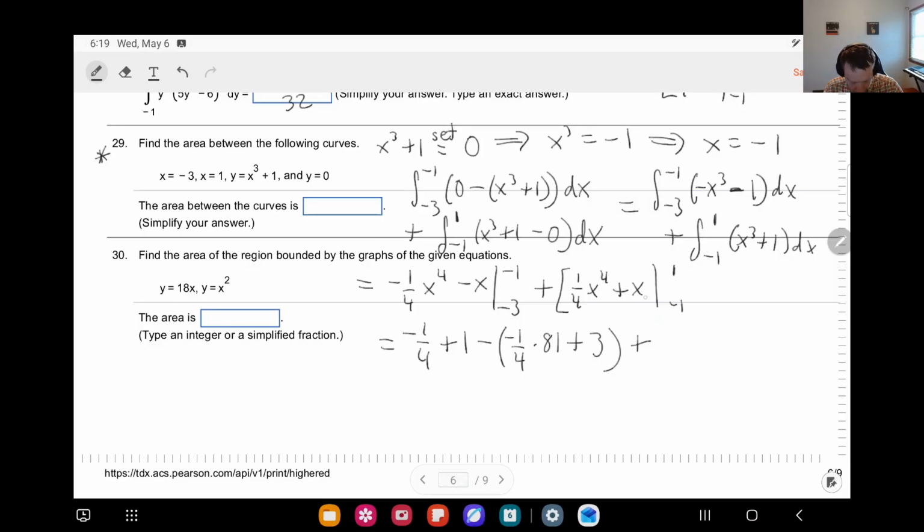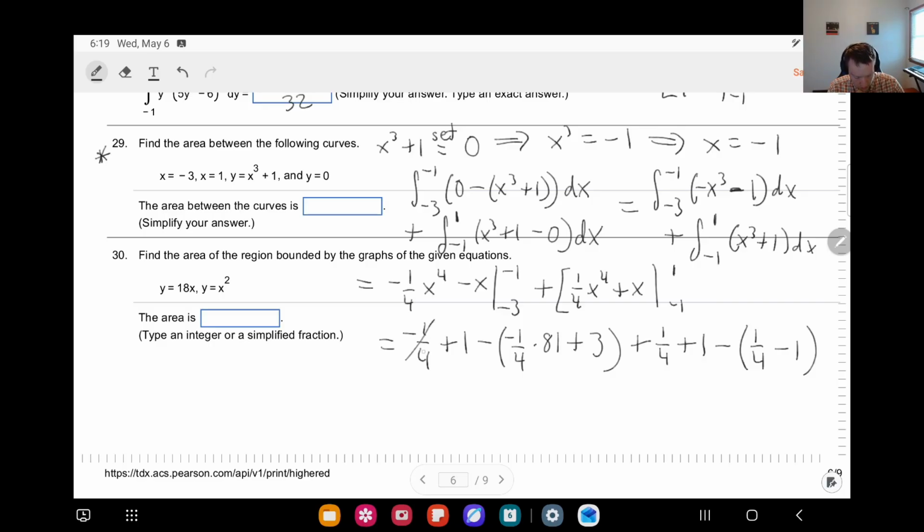Now, this one over here, I plug in 1 first. Then minus, if you plug in -1, this will still be a 1/4. And then minus 1. Okay, now we need to simplify.